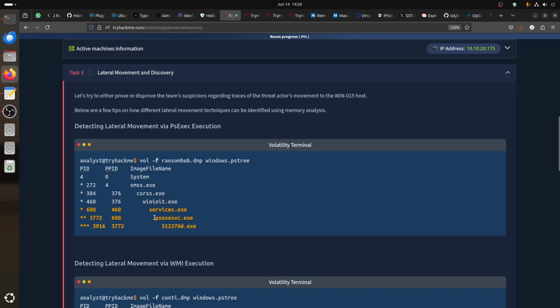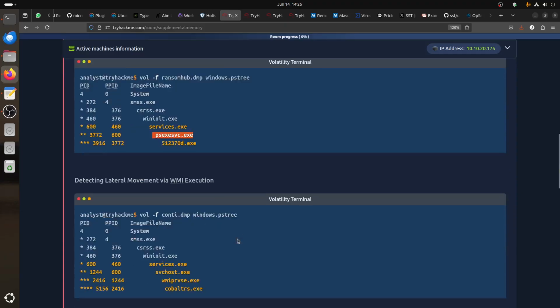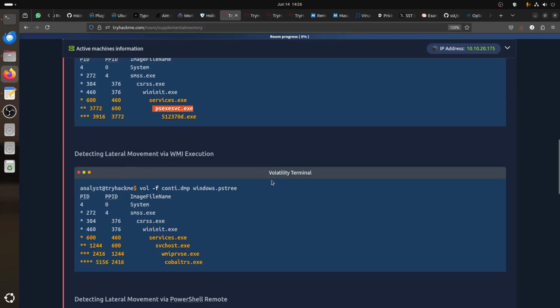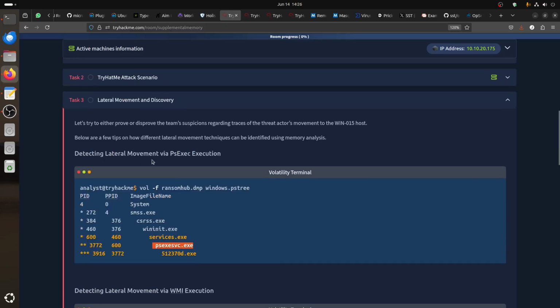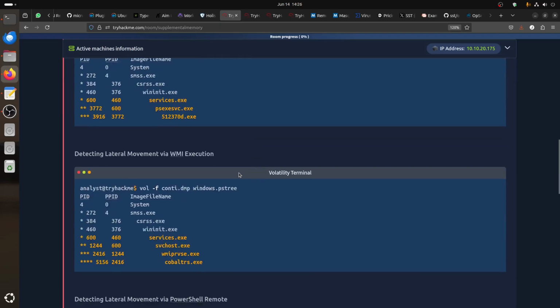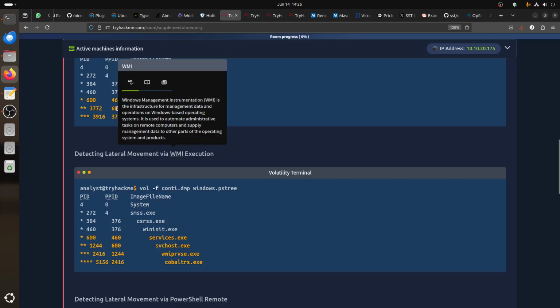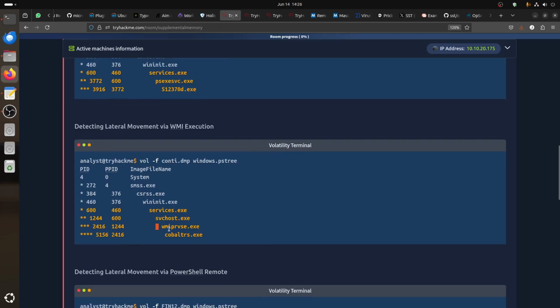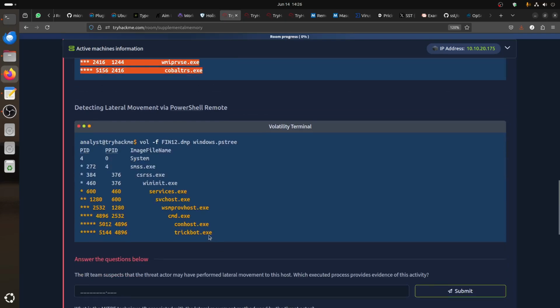Usually it's Windows lateral movement, for example via PsExec execution, and here detecting lateral movement with WMI, Windows Management Instrumentation, which usually allows remote execution on Windows. And of course you can check who is the parent and how they launched this.